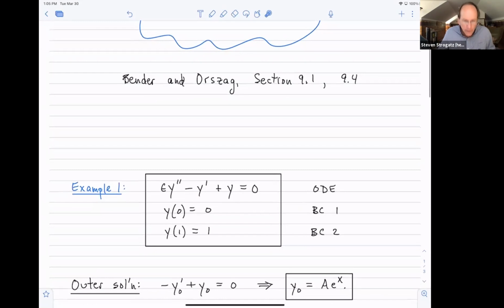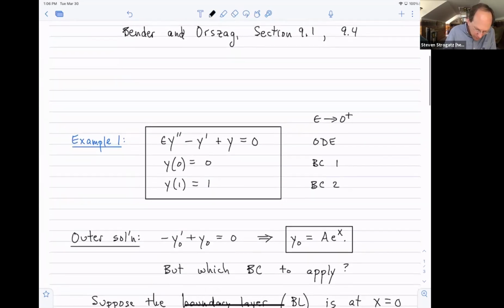All right, now, the first step is to find what we call the outer solution, where we just pretend, again, we're thinking of epsilon going to 0 from the positive side. So if we just pretend that first term, epsilon y double prime, is small, since it's got the epsilon in front of it, and just ignore it, that leads us to the outer solution, which we could actually just solve explicitly, but suppose we do our usual perturbation move and say something like y outer.